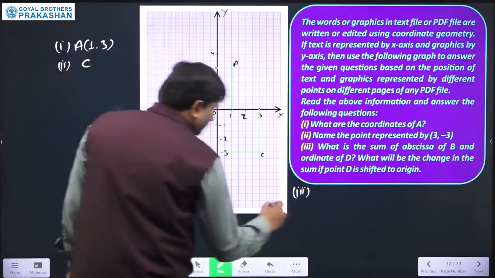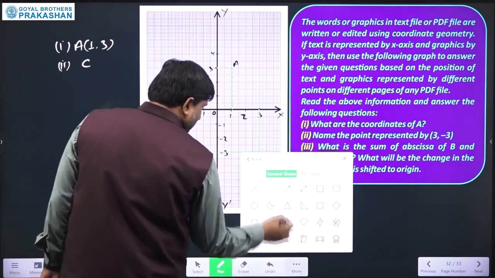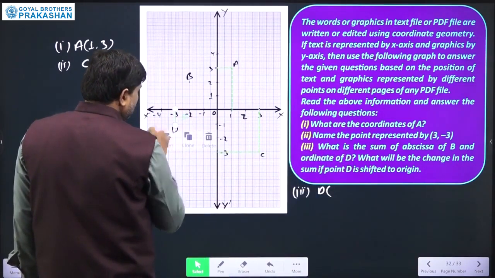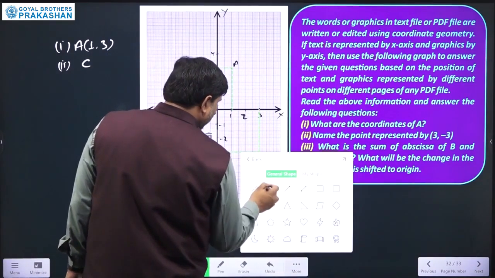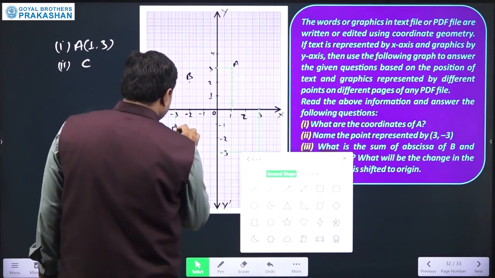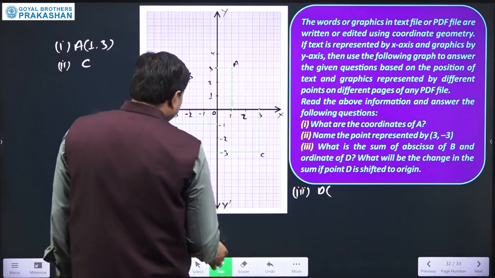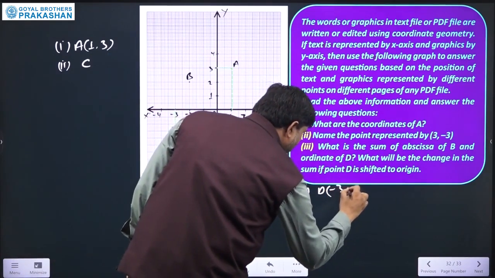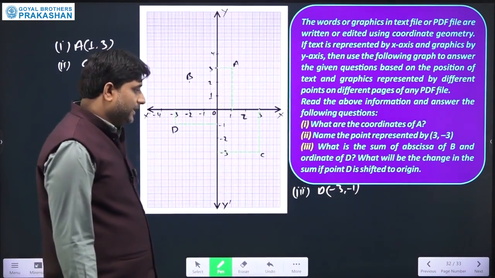This is point D. First we can write the coordinate of D. It is in front of -3 on x-axis and in front of -1 on y-axis. So coordinate of point D is -3, -1.